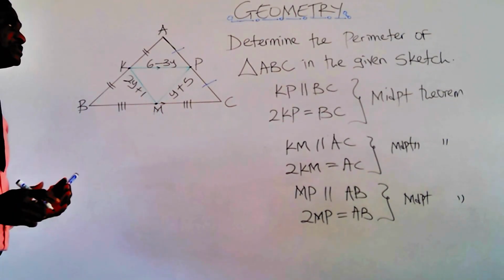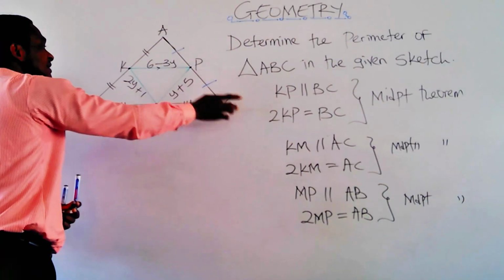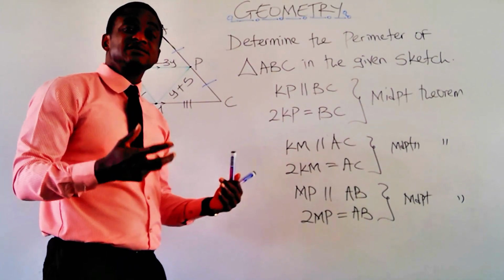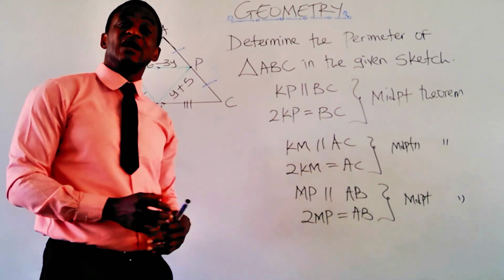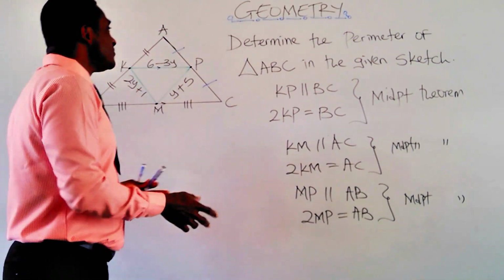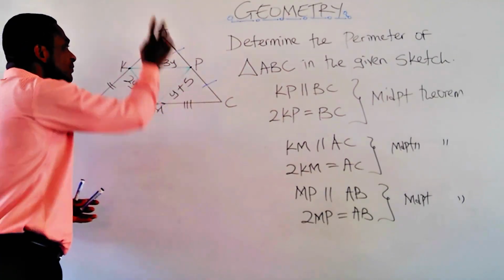Now with this knowledge, we can go on and get the length of AC, the length of AB, the length of BC, because perimeter is the sum of all the external lengths of any given triangle we are working on. The perimeter of triangle ABC will be the fence of ABC, which is AC plus BC plus AB.